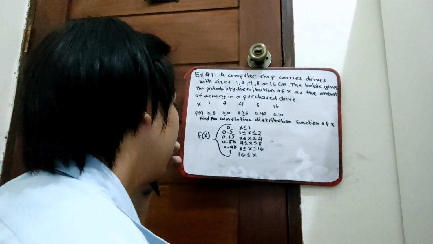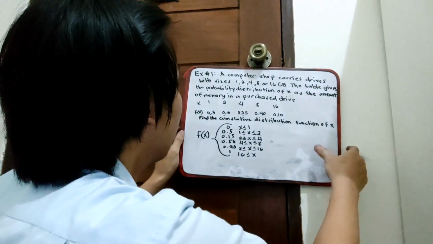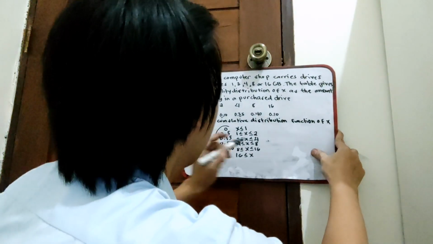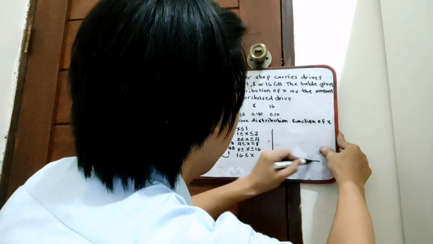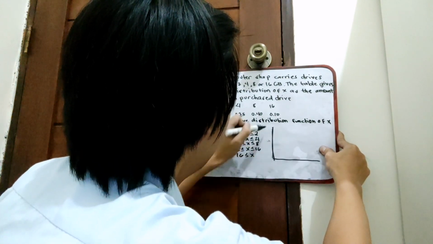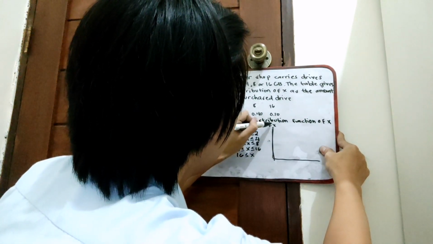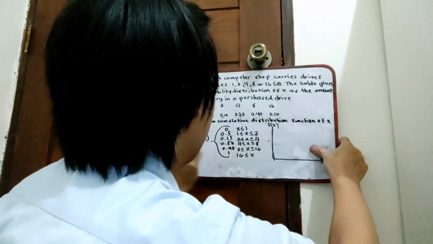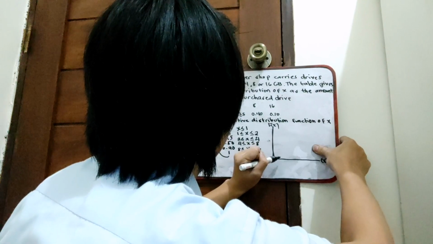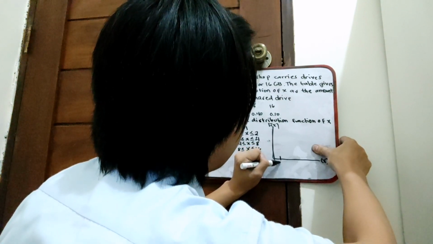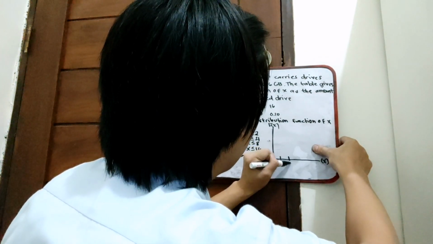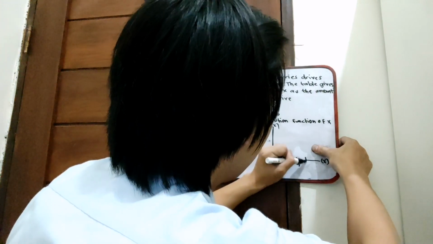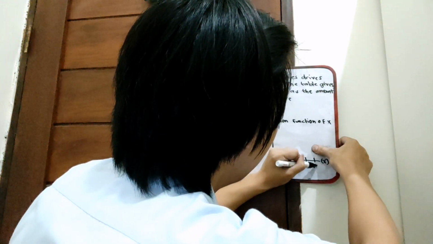And then the last is we are going to graph it. This is our f of X and X. 1, 2, 4, 8, and 16.